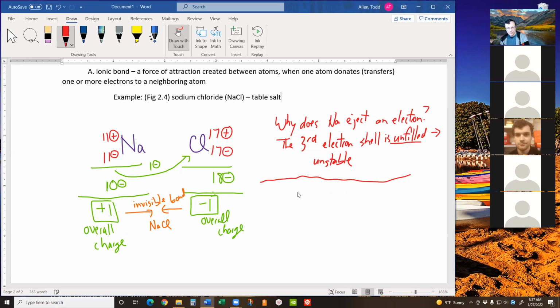Okay. So why does chlorine accept an electron? And the answer is, by accepting 1 electron, it can complete its third outer electron shell, which makes the atom more stable, in very rough language, happy.